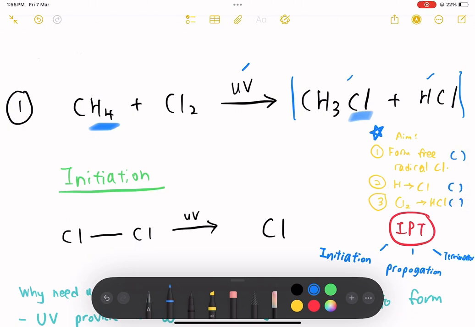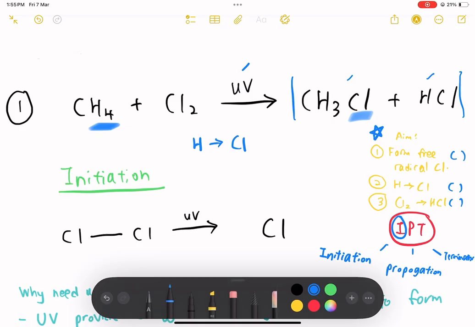Okay, let's see the first one, I, which is initiation. Initiation means that you want to start something. So you need to have free radicals first, because we need to substitute 1H by 1Cl, right? So we need to form the free radical first.